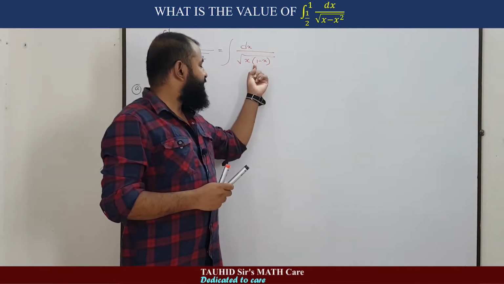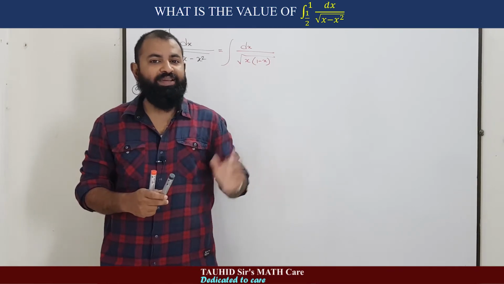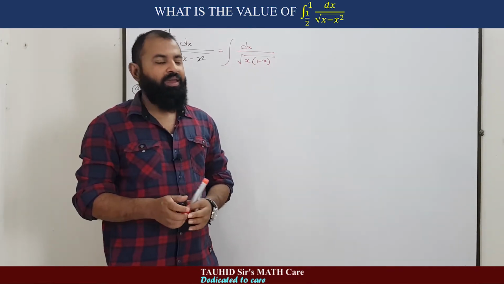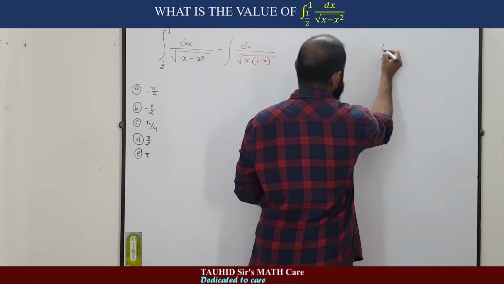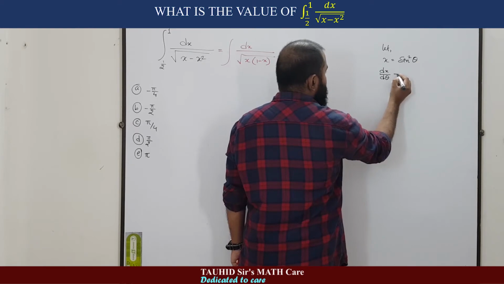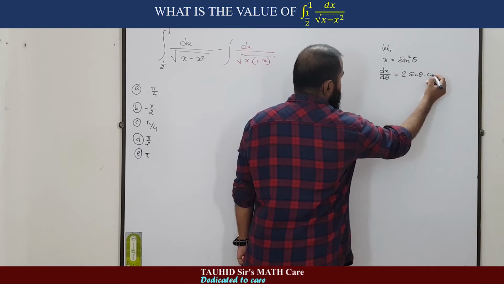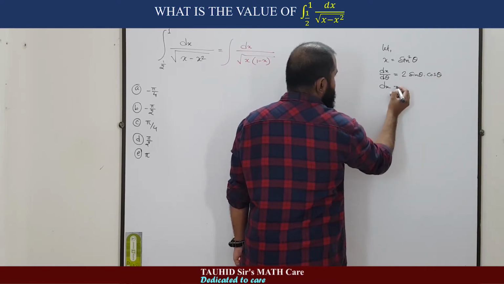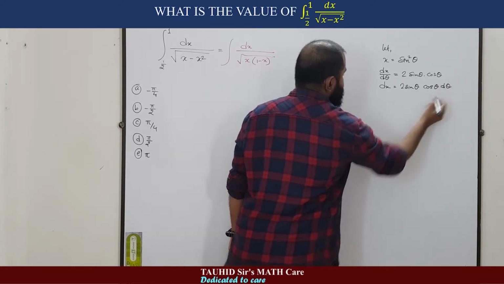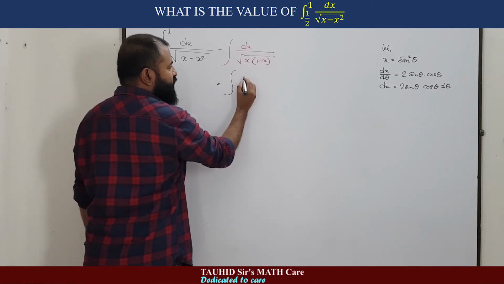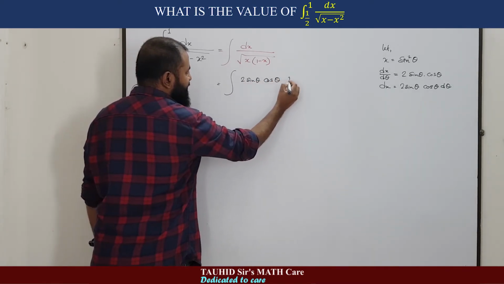That means inside the root, if we have a 1 minus x shape, we will assume x to be sine square theta, and we already used it several times in several maths. x equal to sine square theta, therefore dx d theta equal to 2 sine theta multiplied by cos theta. Therefore dx equal to 2 sine theta cos theta d theta. So in place of dx we will write 2 sine theta cos theta d theta.